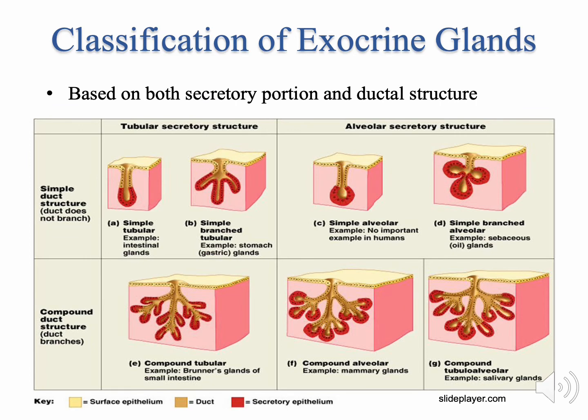And one final concept to bring back from last term was the classification of exocrine glands based on the type of secretory unit that we're dealing with, meaning its shape. Is it tubular or is it round or alveolar? And then also the ductal structures. Are they a simple tube or a simple branched tube, or does it have a much more complex branching structure?